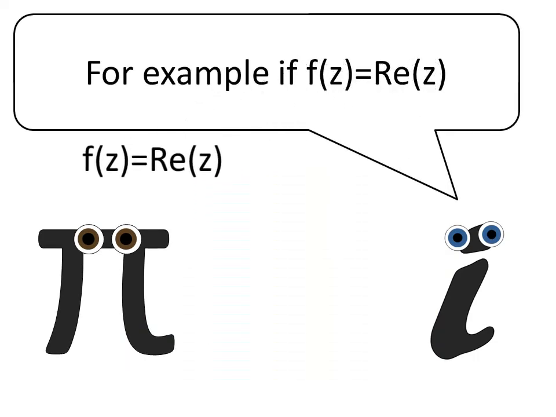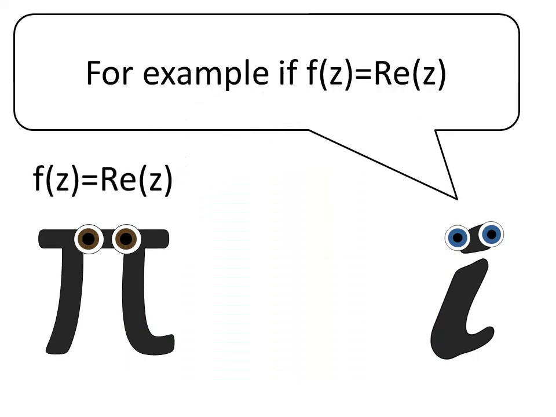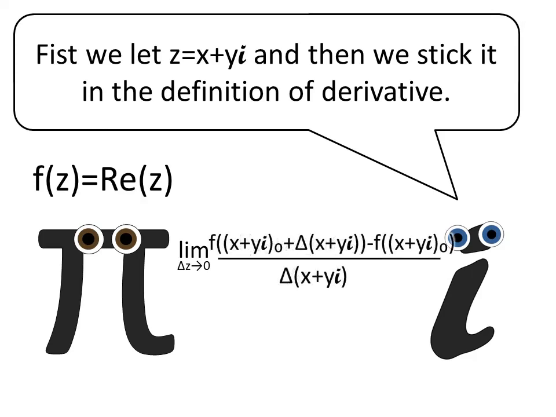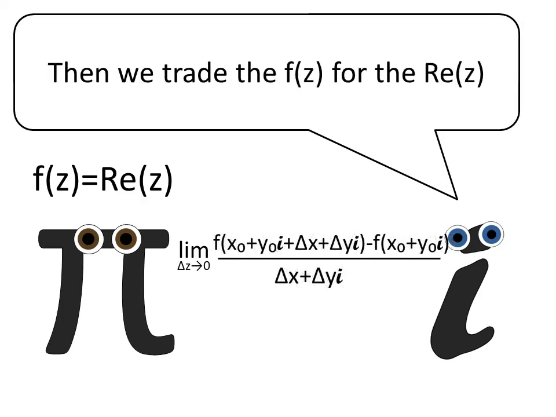For example, if f of z equals Re z, first we let z equal x plus yi, and then we stick it in the definition of a derivative. Then we trade the f of z for the Re z.